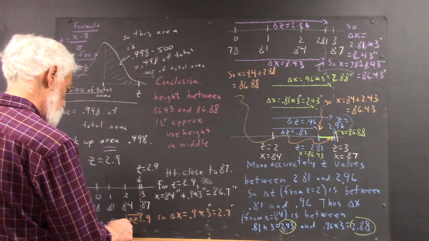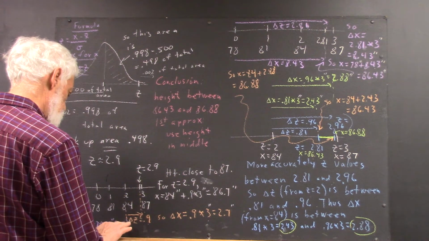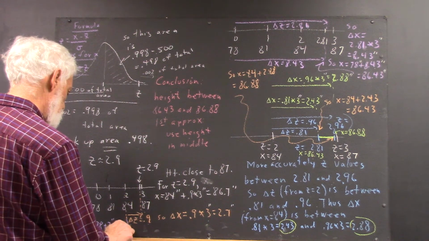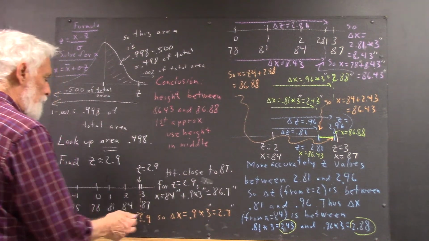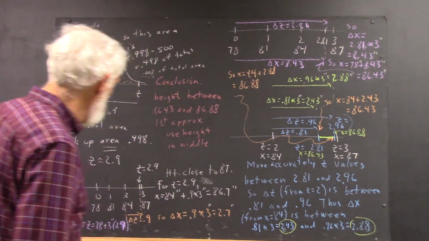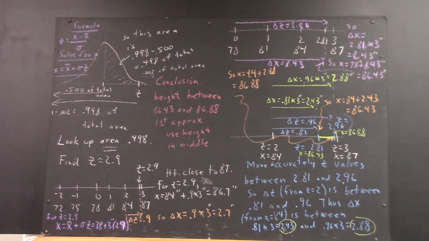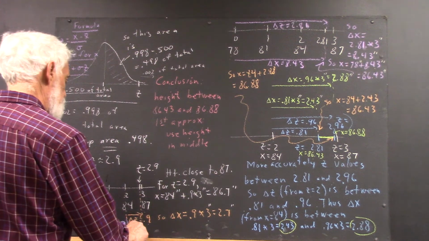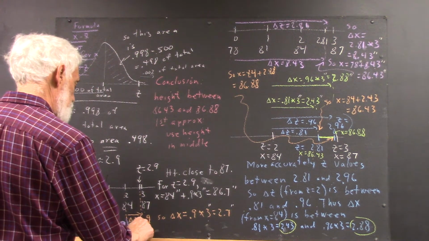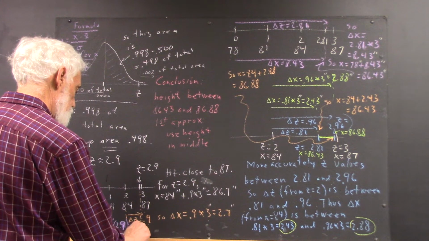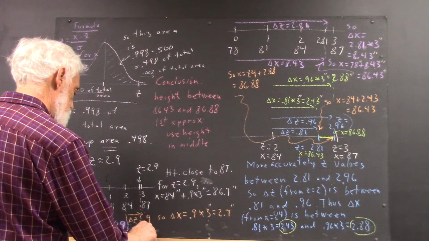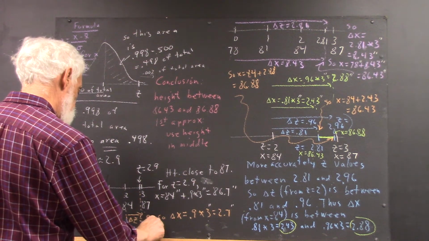Seems like I wrote down 2.91 here for some reason, and there's no good reason to do that. Except I got used to writing the 8 for the 2.81. And this is then going to equal the same thing we got, 86.7 inches.